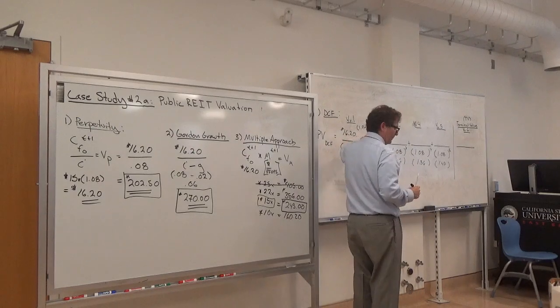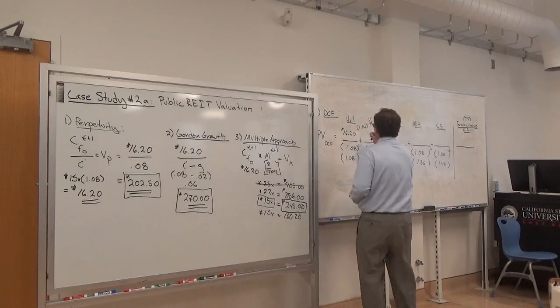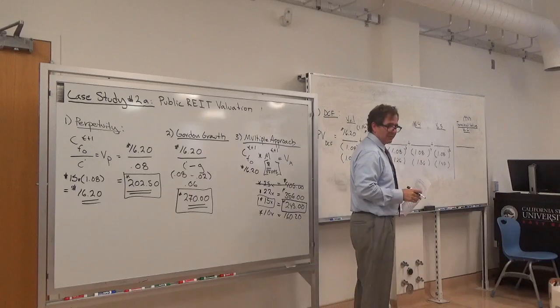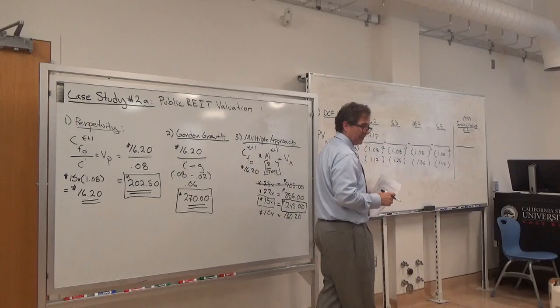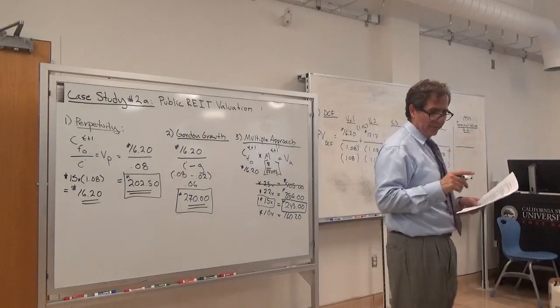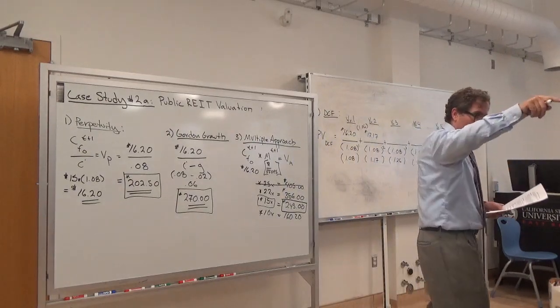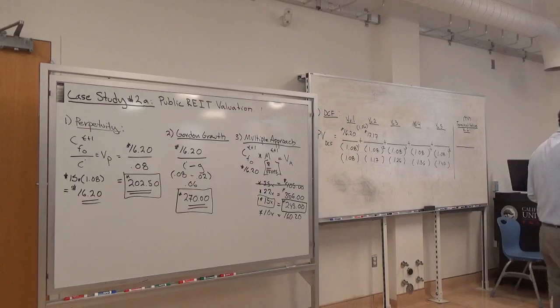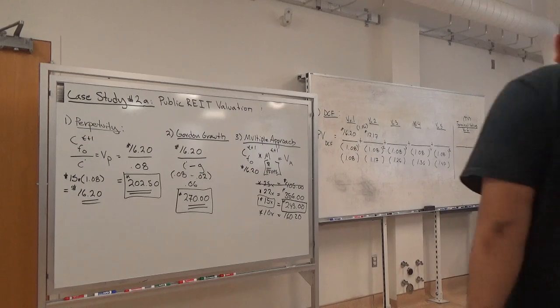What's 1620 times 1.06? 1717, is that correct? Yes. Okay, is everybody getting that? You guys writing it down? A lot of you are. Okay, I see you're using the calculator.